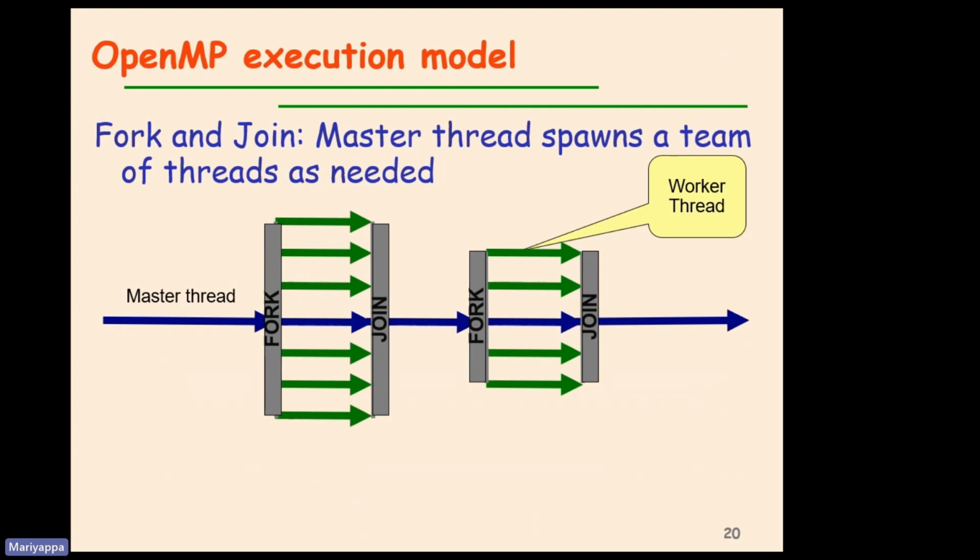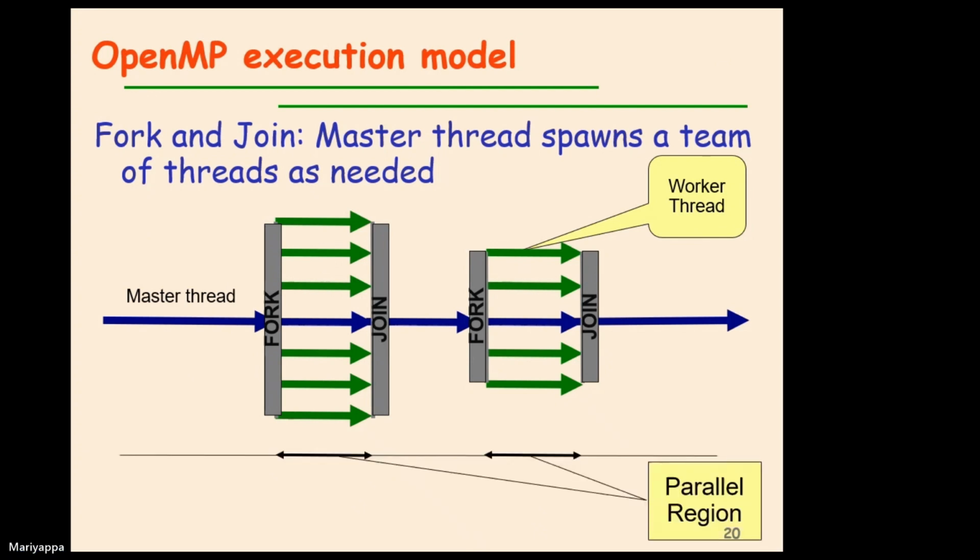Whenever there is a parallel section, it executes things in parallel in worker threads. At the end of the parallel section, there is a join, and then the master thread executes again. Again you may fork multiple tasks and then join. These are the parallel regions.